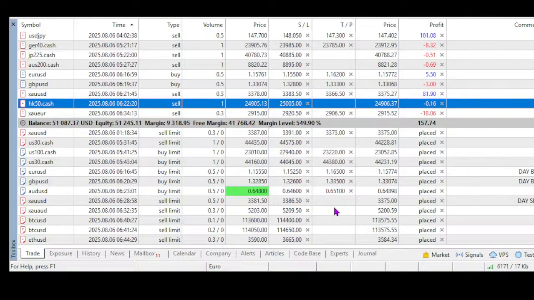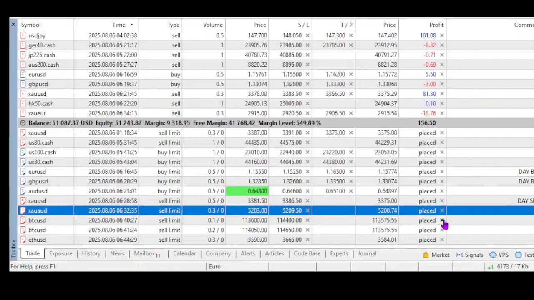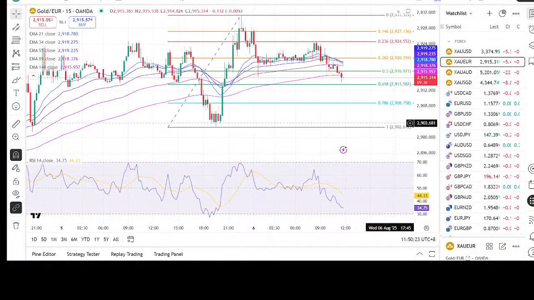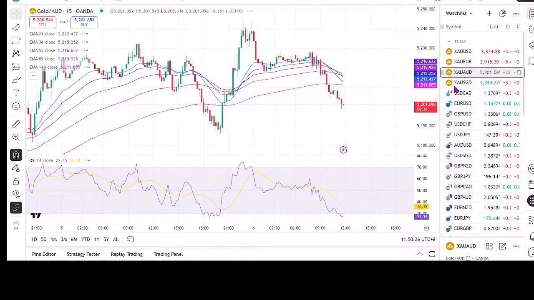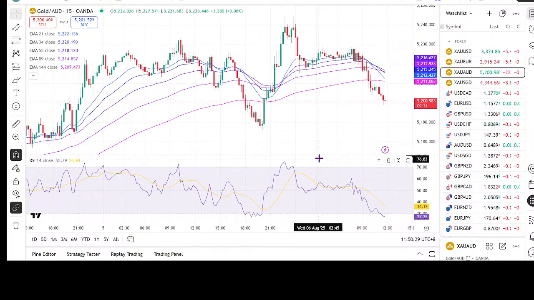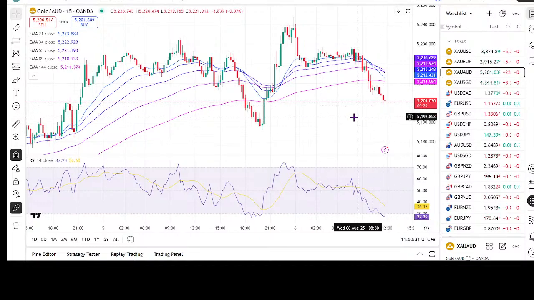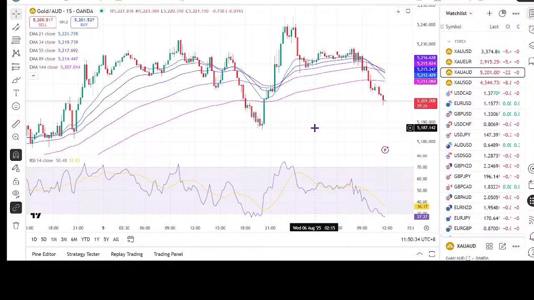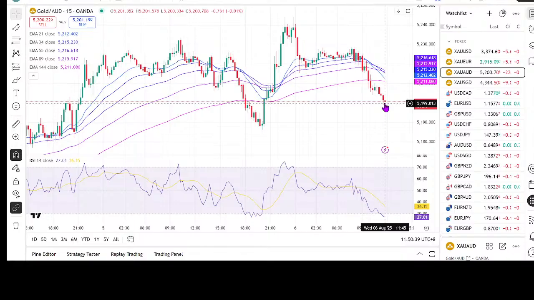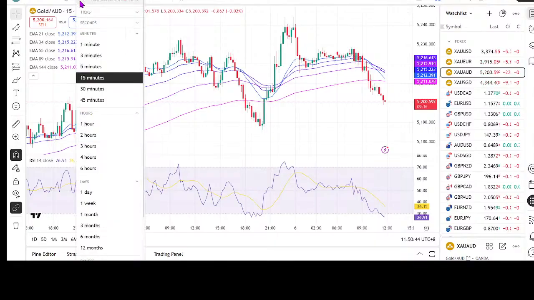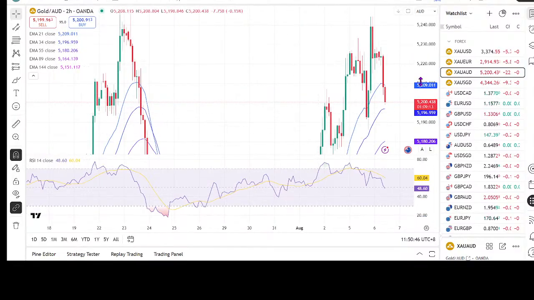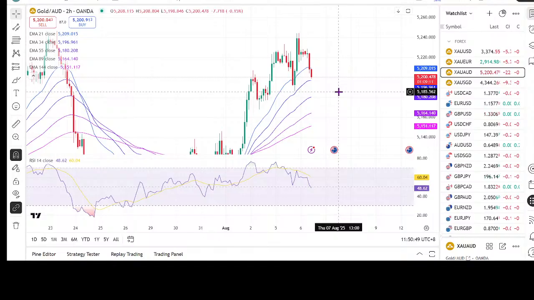One more thing before I go off. Gold Aussie also, if the order is filled, I need to key in the target. Now this is already approaching the previous support, and RSI is already oversold. So most likely we should see the price stabilizing somewhere near 5190.